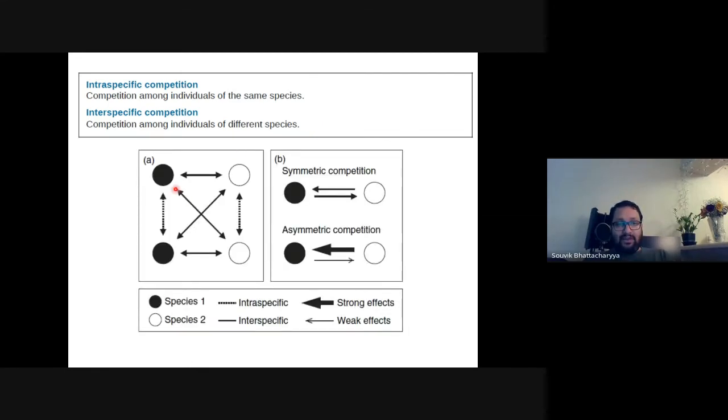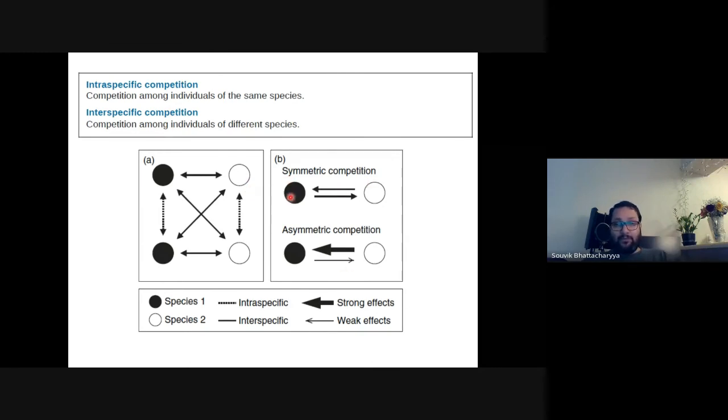So let's say this is species 1 and this is species 2, and there can be intra-specific competition, or there can be inter-specific competition. Species 1 and species 2 are interacting with each other, but it may be either symmetric or asymmetric.